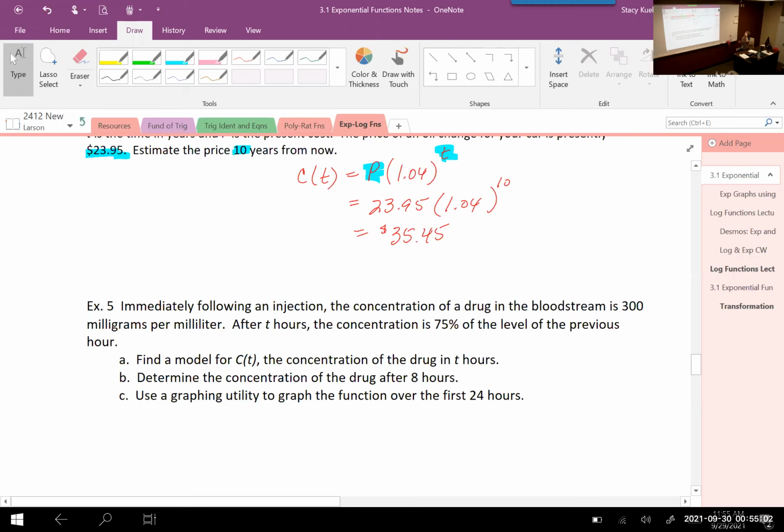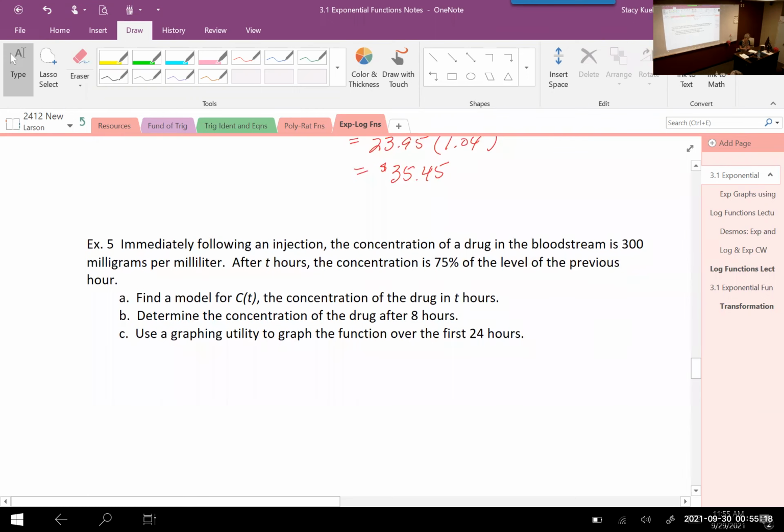All right. So if we know that this is decaying, the concentration is 75% of the previous hour, and we want to come up with a model for the concentration of the drug, we're going to take the information we have given here. The concentration in the bloodstream starts out at 300 milligrams per milliliter. And we also know it's 75% of the level of the previous hour.